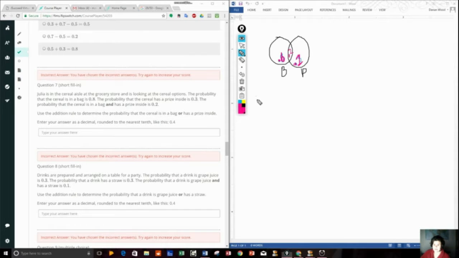And so we have the probability of it being in the bag or has a prize. So that's going to equal the probability of it being in a bag plus the probability of it being a prize minus the intersection of it being a bag and a prize.